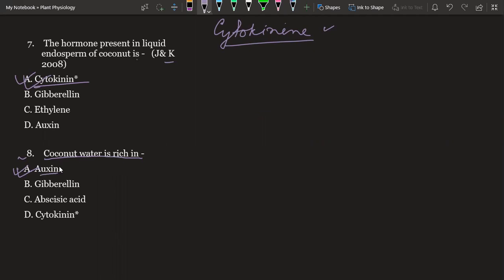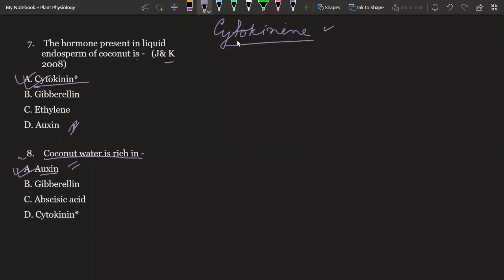Coconut water or coconut milk contains cytokinin in large quantity. Sometimes in tissue culture, coconut milk or coconut water is added in the nutrient medium for the differentiation of the tissue.